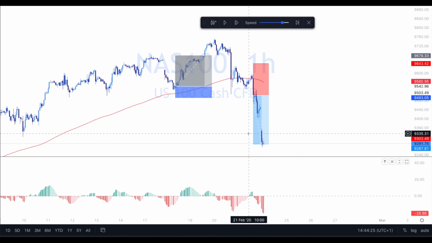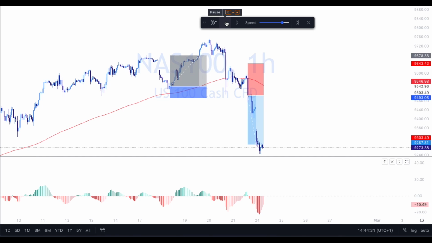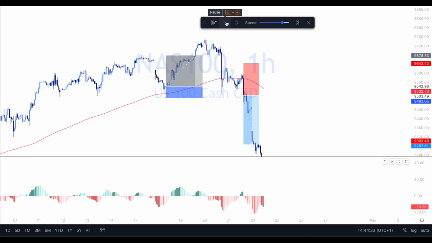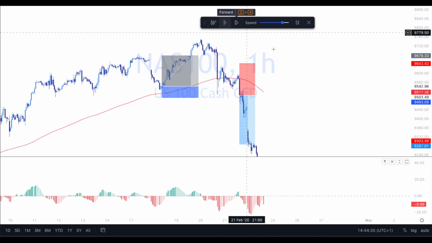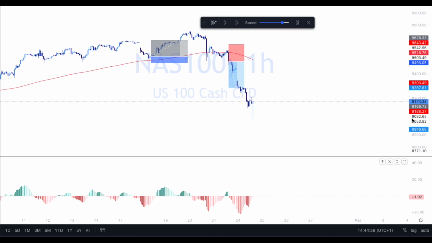Okay. So now we've got that. Now we're going to wait for price to get as close to the moving average as possible, and for the histogram to confirm that move for us. And then we're going to get straight back in again.